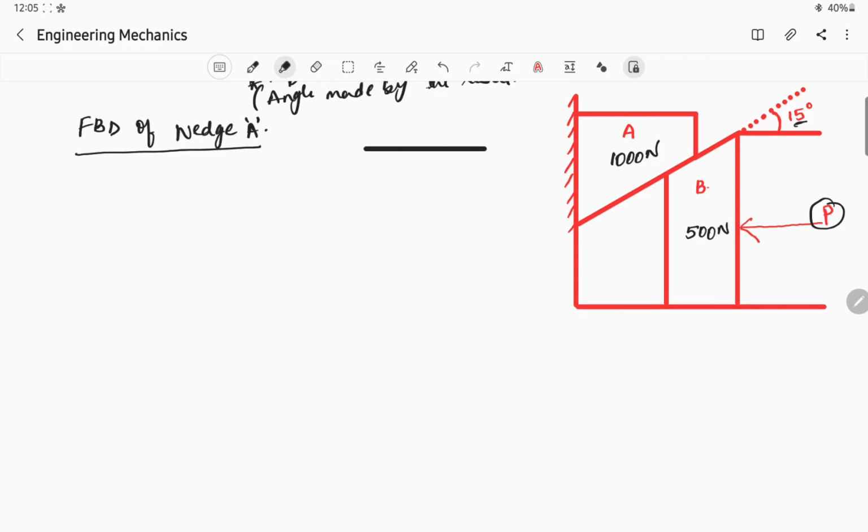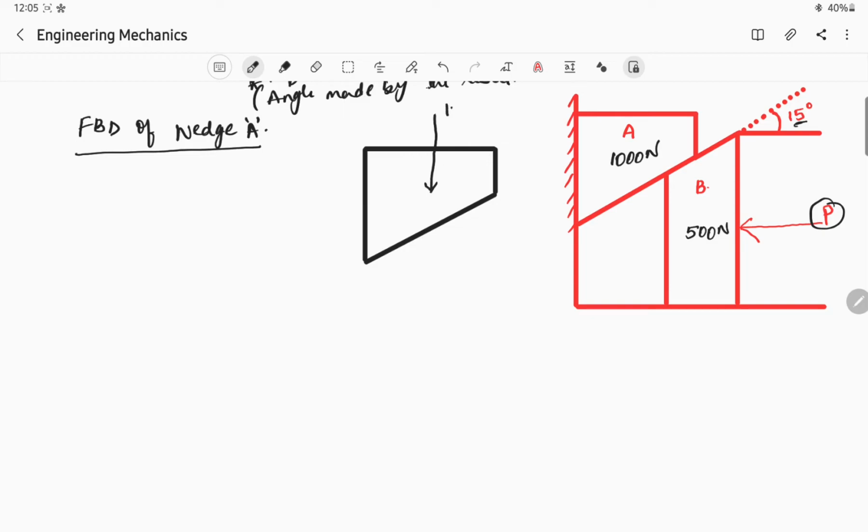So this is the wedge, right? Then we have a vertical line like this, then we have another vertical line for this wedge, and this is how it is getting joined. Okay, so this is the wedge A.